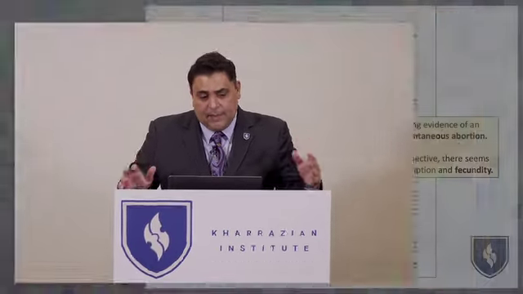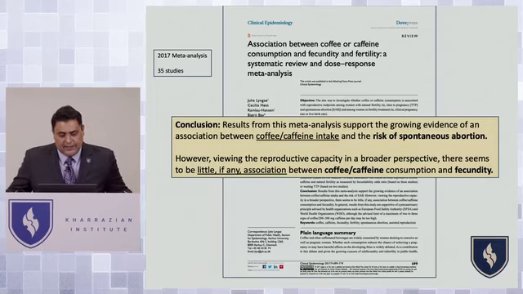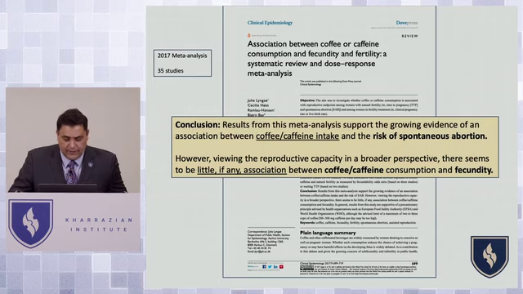So this was, again, a meta-analysis. I like to choose meta-analysis to take a composite evaluation of all that's published, so it's not cherry-picking a study. This was a meta-analysis of 35 studies looking at the association between coffee or caffeine consumption and fecundity and fertility, a systematic review and dose response meta-analysis. Results support the growing evidence of an association between coffee and caffeine intake and the risk of spontaneous abortions, miscarriages.